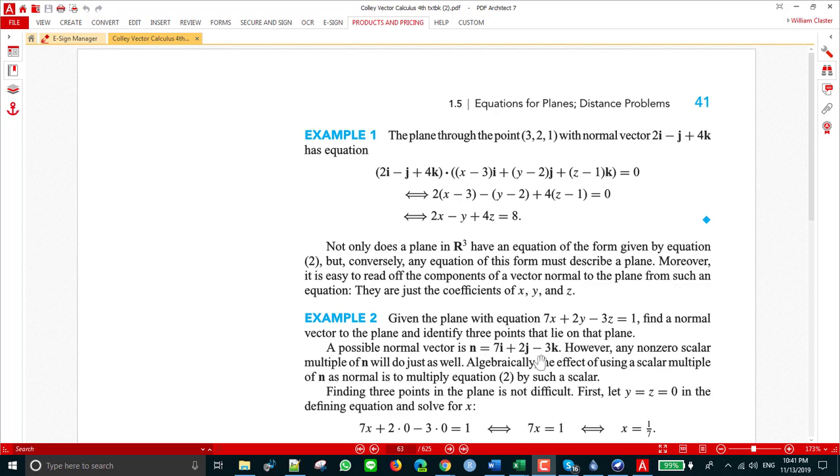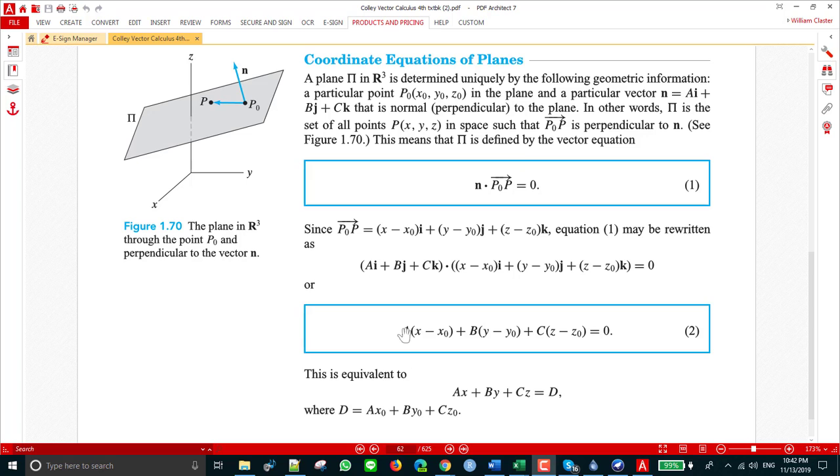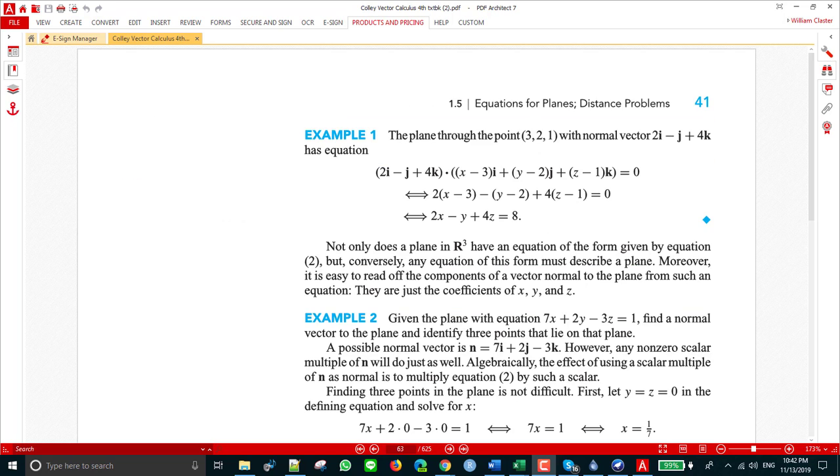However, any non-zero scalar multiple of this will also be normal. Algebraically, the effect of using a scalar multiple of n as a normal vector is to multiply equation 2 by such a scalar, so you can multiply it by any scalar and it doesn't change anything.